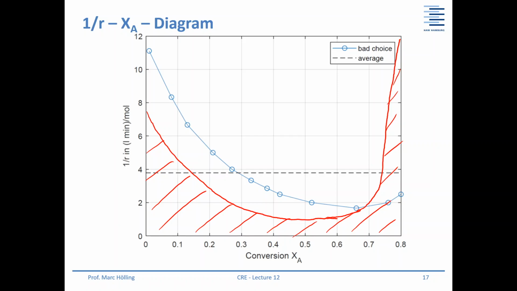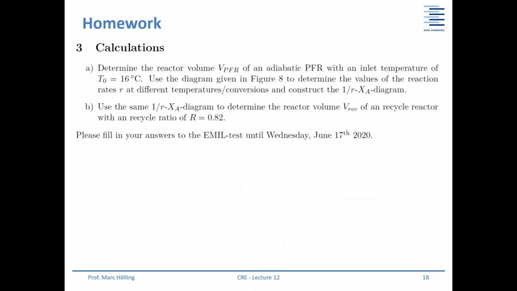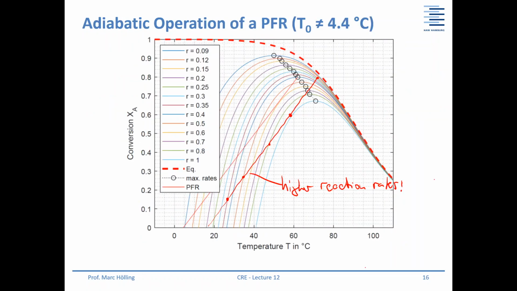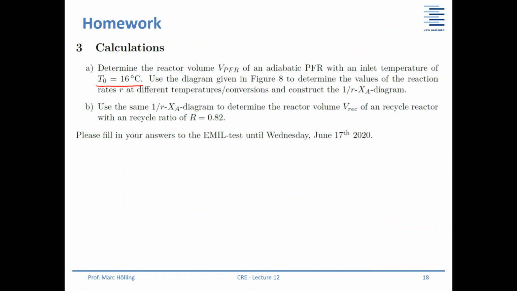And this is what you shall do as a homework. I just gave you 2 calculations. So A is determine the reactor volume of an adiabatic PFR with an inlet temperature of 16 degrees. So this is the best value. Use the diagram given in figure 8. So this is basically a diagram that looks like this.